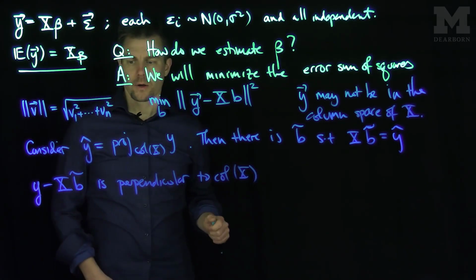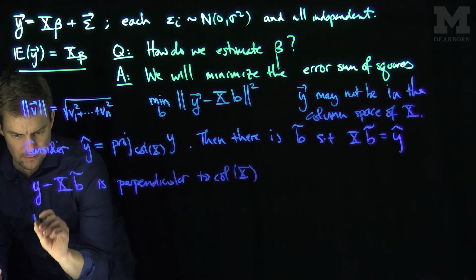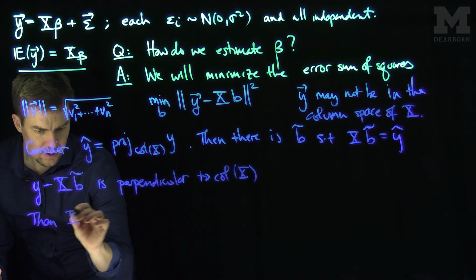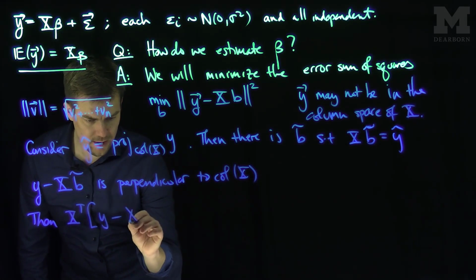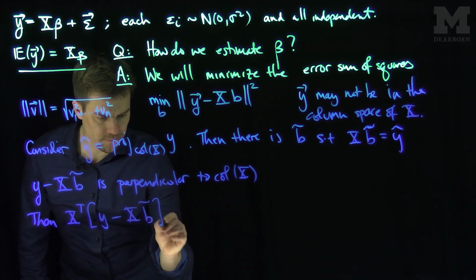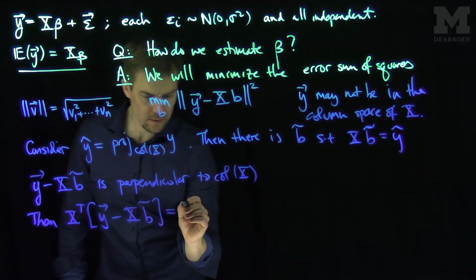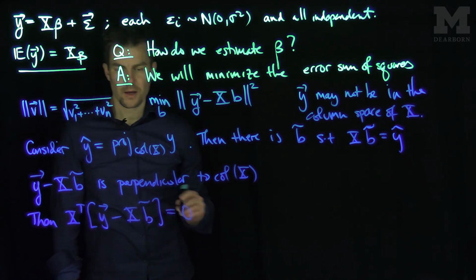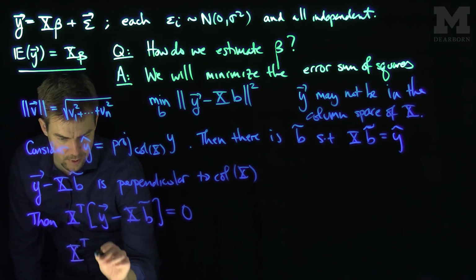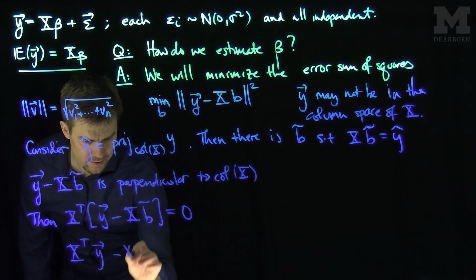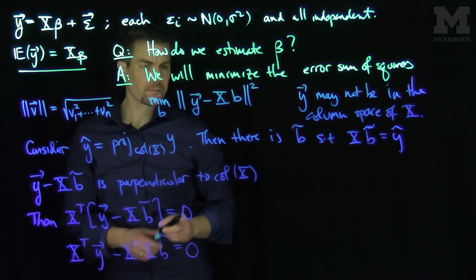What that tells me is that if I hit this with the transpose, then X transpose of y minus X b tilde is going to be the 0 vector. So we have that X transpose y minus X transpose X b tilde is equal to 0.